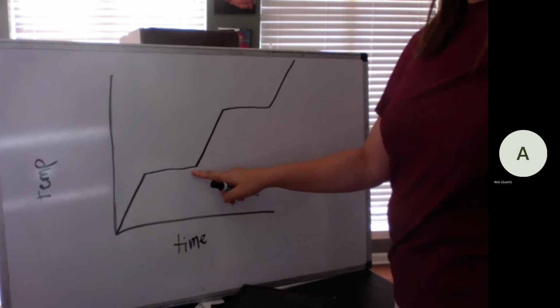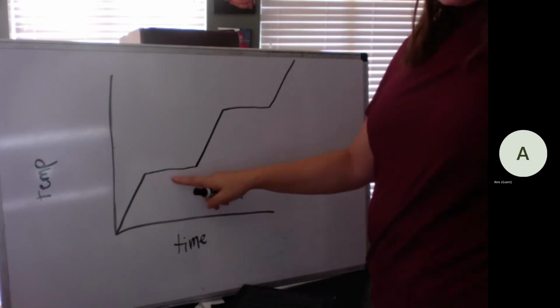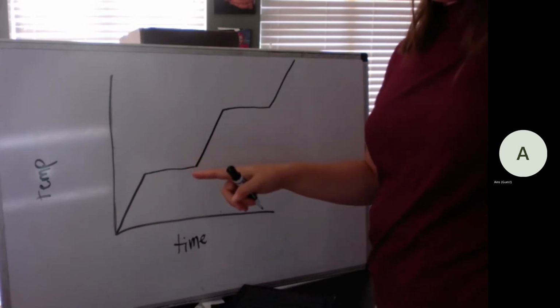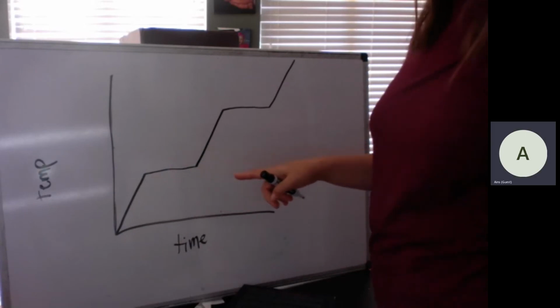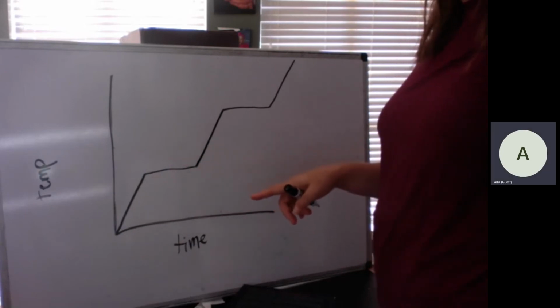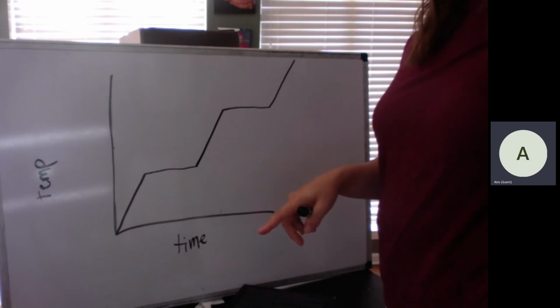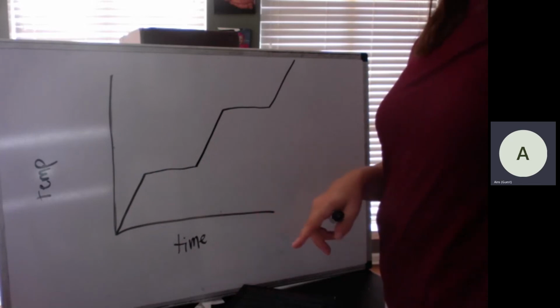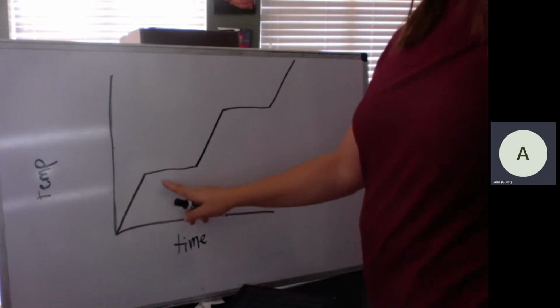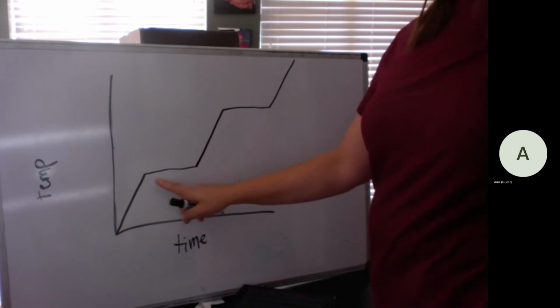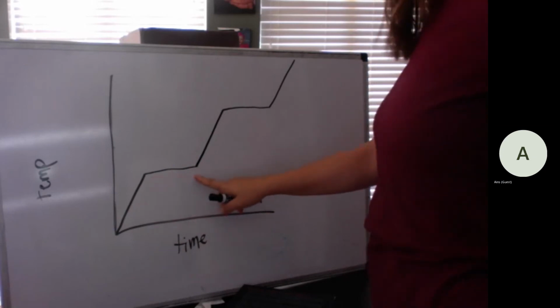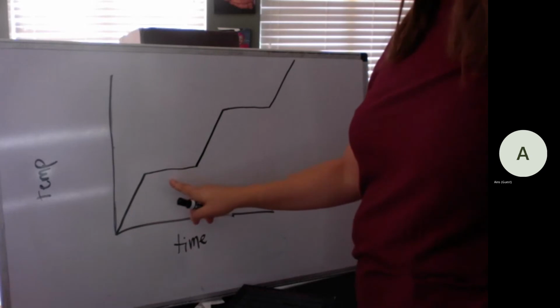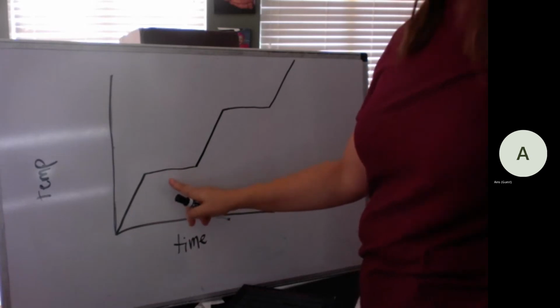So what is going on here with my ice? What do you think? Is that when it's changing states, or is that when it's transferring energy to the air around it instead of taking energy? Very good thinking. So at this point on my graph, my ice is melting.